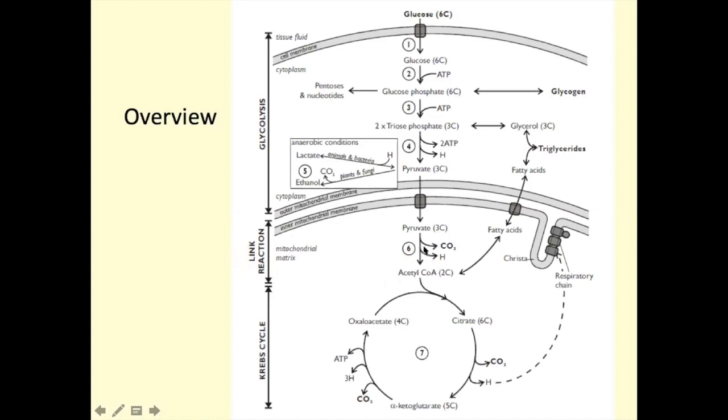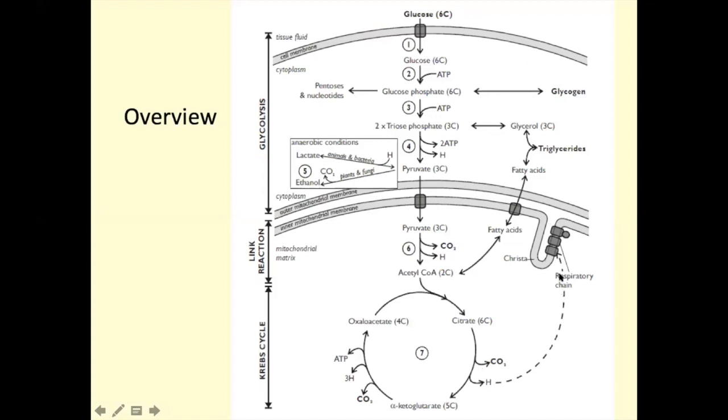That's happening in the matrix. And then there's something called the Krebs cycle here, which is also going to occur in the matrix. And the last part here is the respiratory chain, and that's happening, as I mentioned earlier, in the proteins on the inner membrane, and that's why we've got all these cristae.